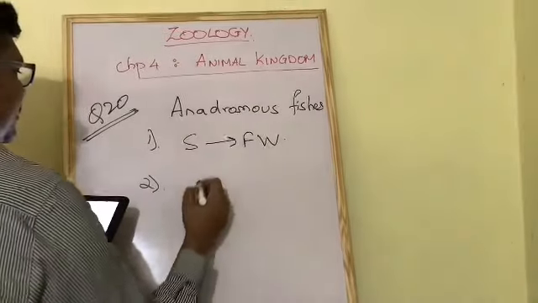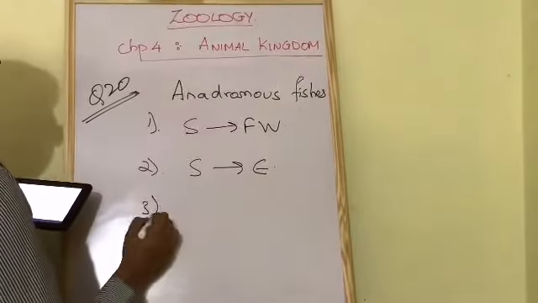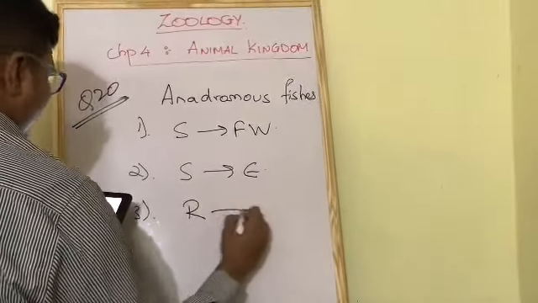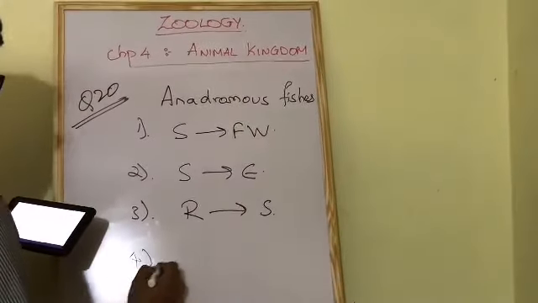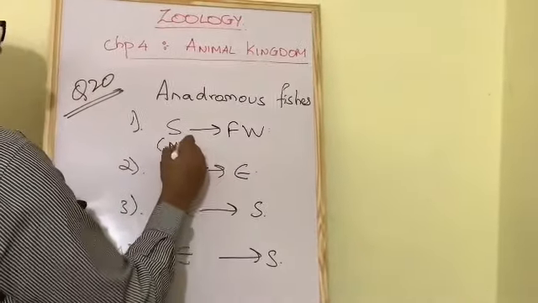Option number 2 says from sea to estuary, which is brackish water. Option number 3 says from river to sea. And option number 4 says from estuary to sea. Now sea is marine water.